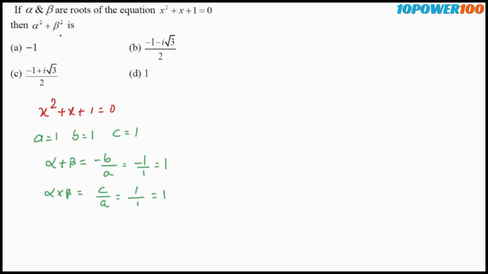Now they're asking us to find out alpha square plus beta square. So I'm going to take the formula of a plus b the whole square, but in terms of alpha and beta. Alpha plus beta the whole square is equal to alpha square plus beta square plus 2 alpha beta. Now if we want to find out alpha square plus beta square, let's transpose 2 alpha beta.